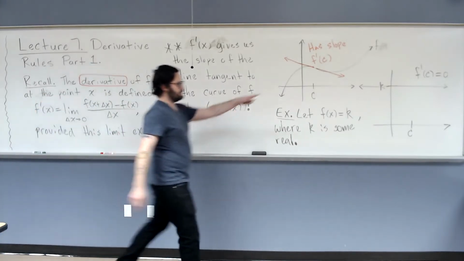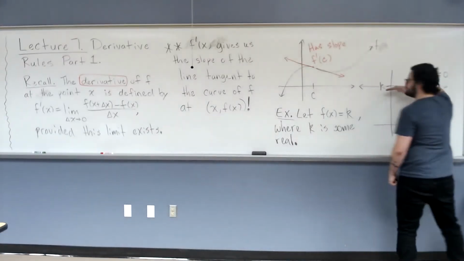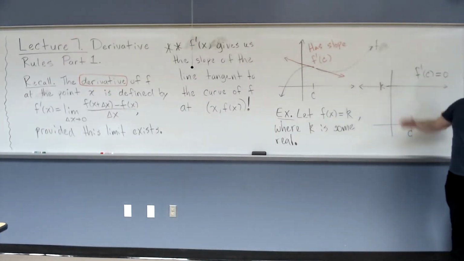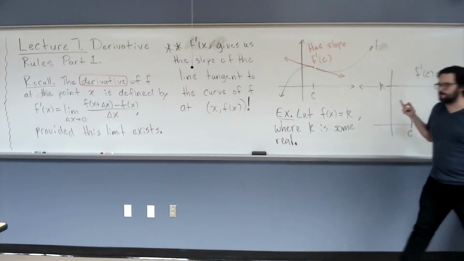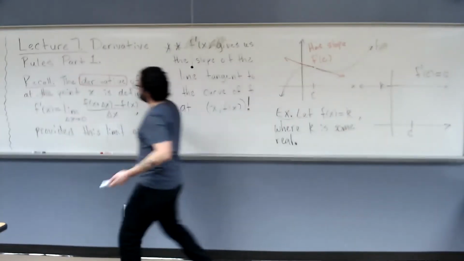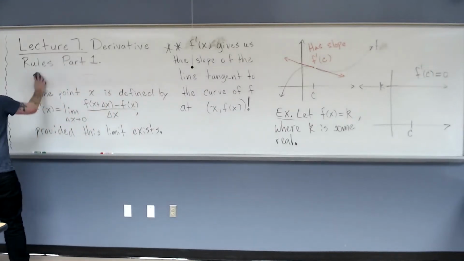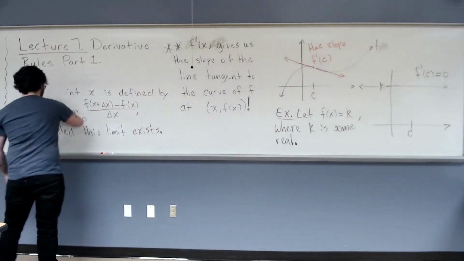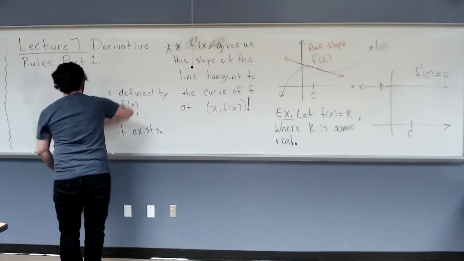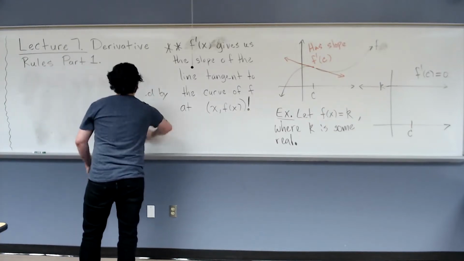Any tangent line to this graph is going to be flat, which has slope 0. Done. That must be true. Okay. And that's going to be the first rule that we encounter. We're going to slowly build up these rules throughout today's lecture.